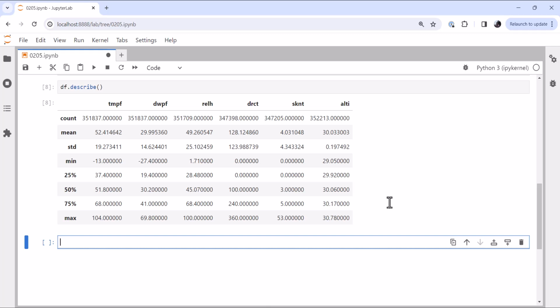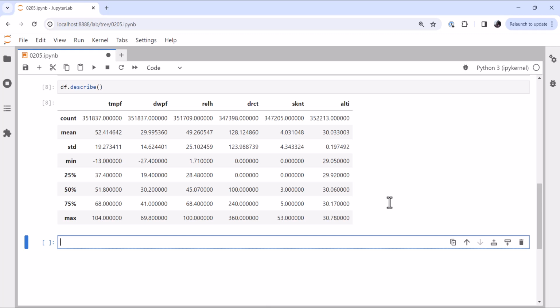I have the mean. See, for temperature, it's 52 Fahrenheit, about 30 for the dew point. So those all look reasonable. I'm looking for things like, do I have relative humidities over 100% or below zero, for example? I have some pretty low relative humidities, 1.71, and my max is 100.